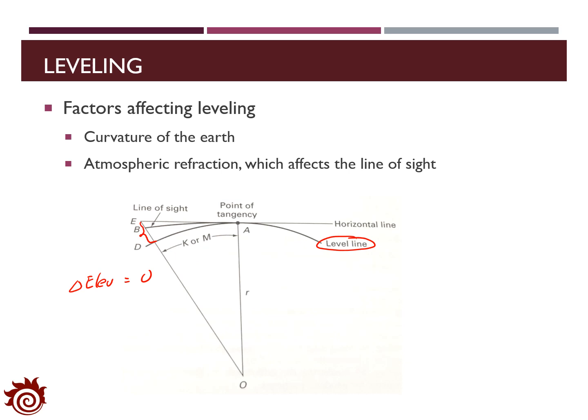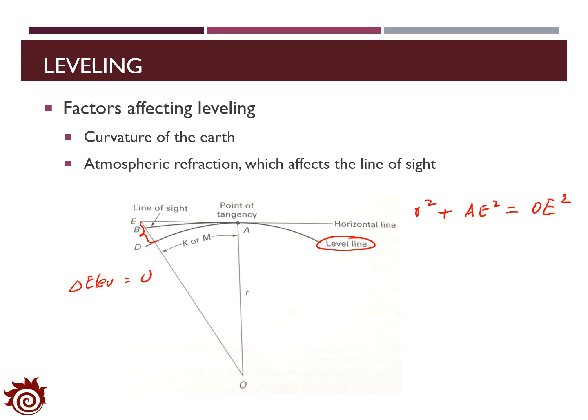In this case, we can find that there exists a relationship between the distance from A to D and the error from D to E. We know that R squared, where R is the radius of the Earth, plus the distance AE squared equals the distance from the center of the Earth to the crossing point E, that is OE squared.